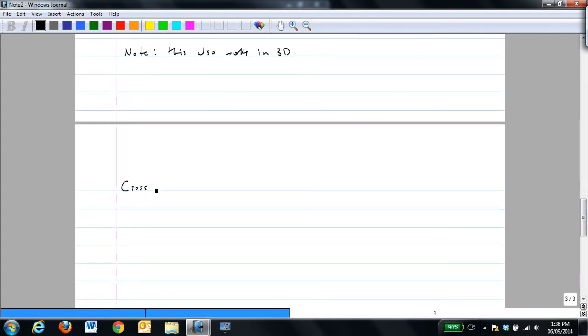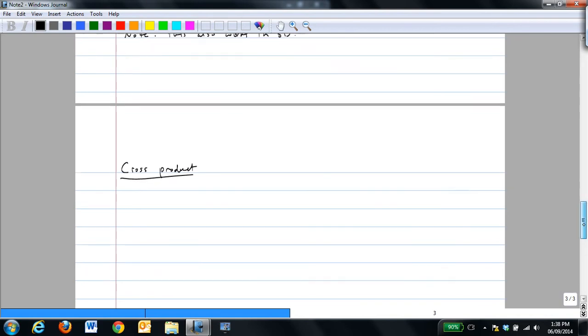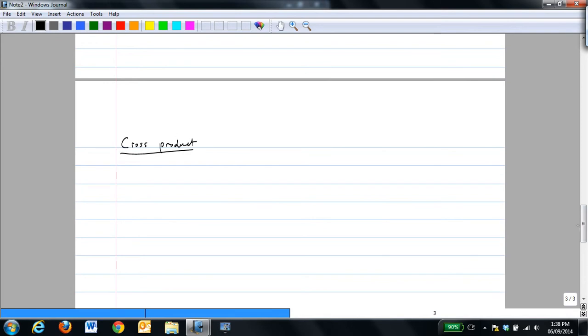So, what is the cross product? Let's say we have our coordinate system. This time I'll do a three-dimensional case. So we have x, y, and z.